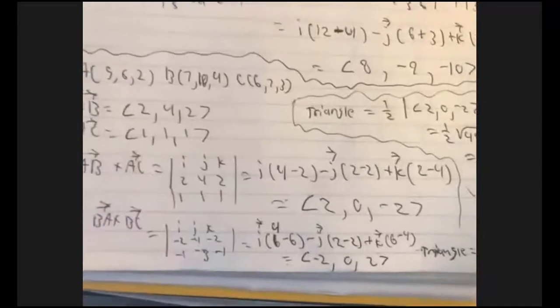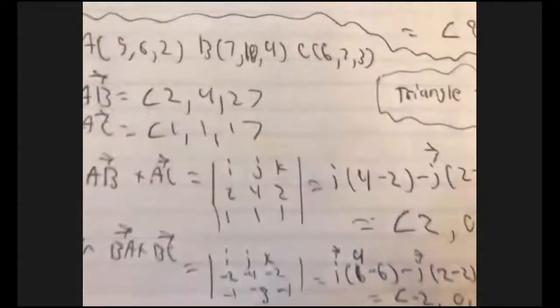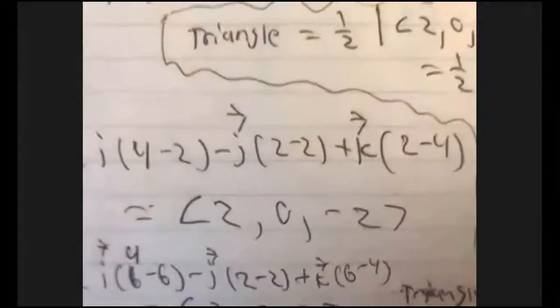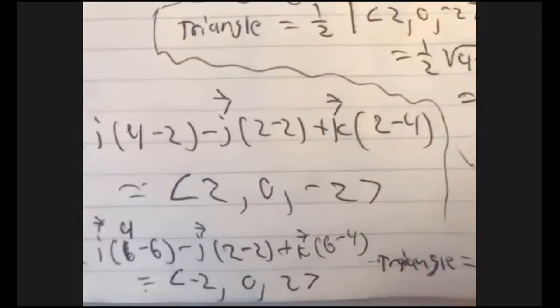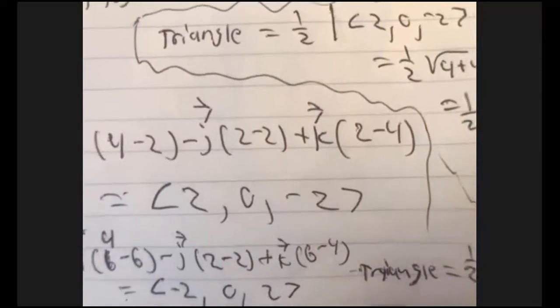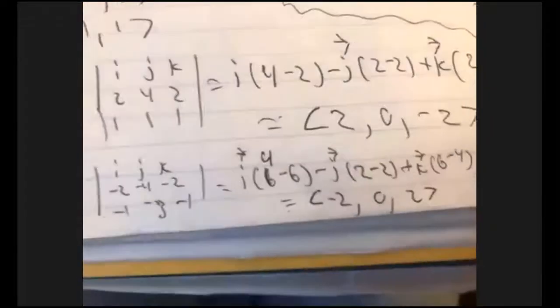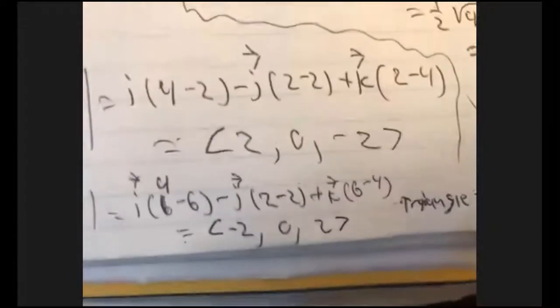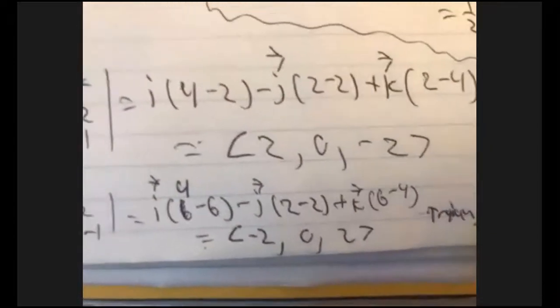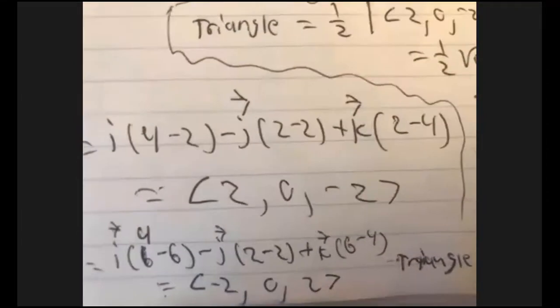How about you, Michael? All right, so this is what I got for the vector. 2, 0, -2. Oh wait, is it sideways? No, you were right actually. Oh, this way? Yeah. Okay, so I got 2, 0, -2. You didn't get that one either.